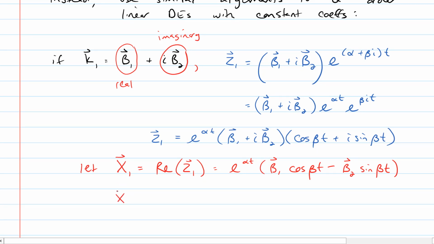And if you let X2 equal the imaginary part of Z1, it's equal to e to the alpha t onto b1. The imaginary part is when the b1 multiplies by the imaginary part of sine beta t. And the other imaginary part is when you take the i b2 and you multiply it onto the cos beta t.